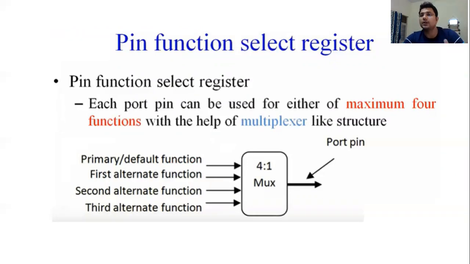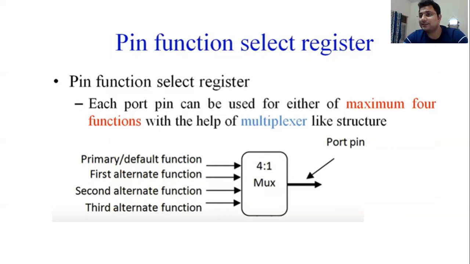Then there is a first alternate function, second alternate function, and third alternate function. So every pin can be used in 4 ways, but at a time your multiplexer will select only one. So now it requires 2 select bits. Those select bits will come, you have to write somewhere.